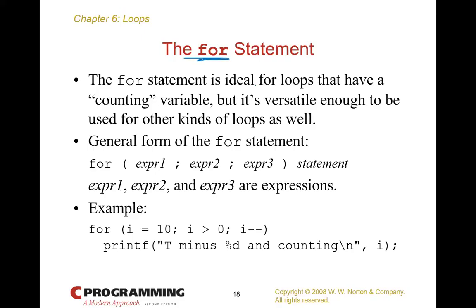The for statement is ideal for loops that have a counting variable, but it is versatile enough to be used for other kinds of loops as well. So this is the general form of our for statement. We have the for, expression 1, expression 2, and expression 3. Generally, we say expression 1 is the start condition, start.